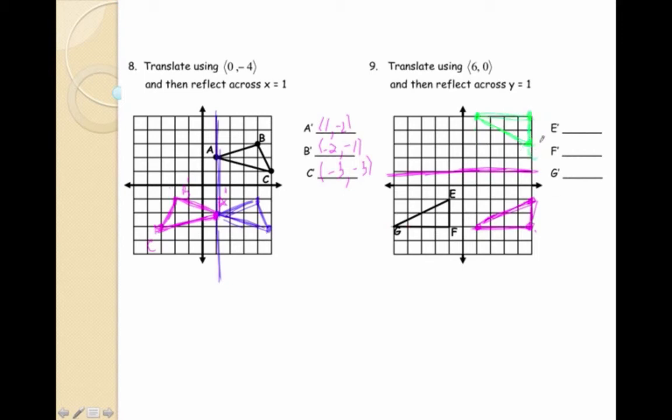So this one's E prime. This one's F prime. G prime. So E prime is 5, 3. F prime is 5, 5. And G prime is 1, 5.